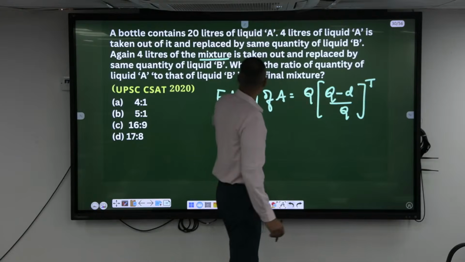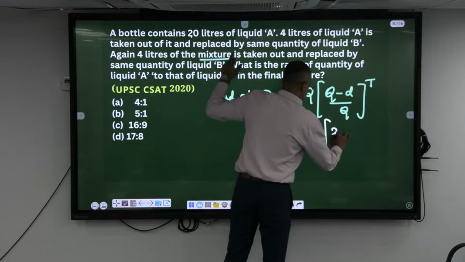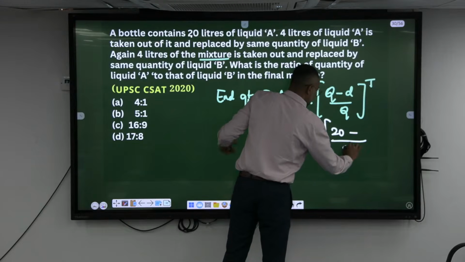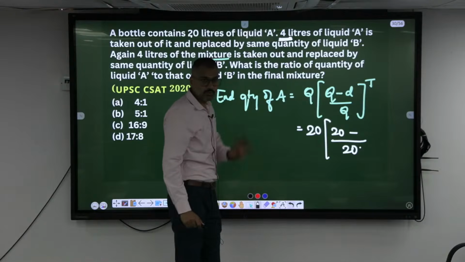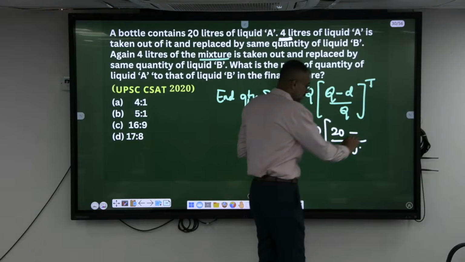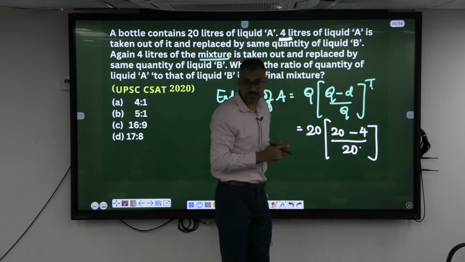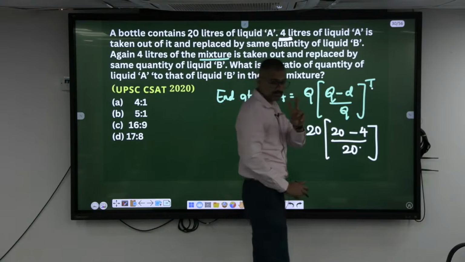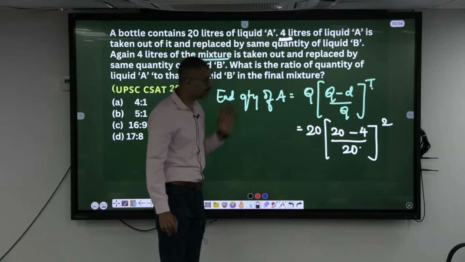How much is the total quantity? 20. D is the quantity drawn out and replaced. How much is drawn out? 4. And replaced? 4. T is the number of times the process has been completed. How many times? Twice. So this must be your answer for the end quantity of A.